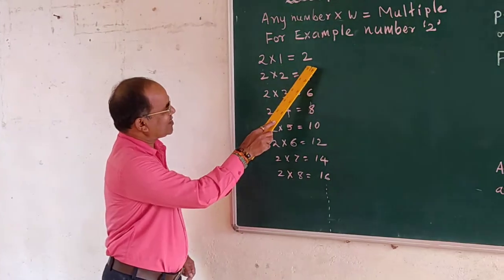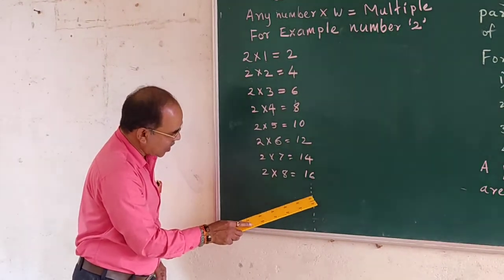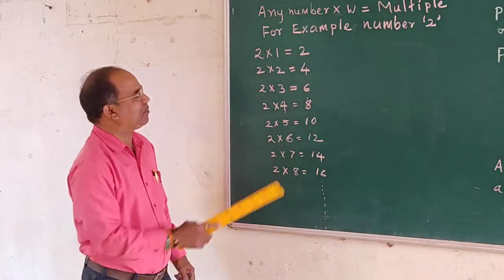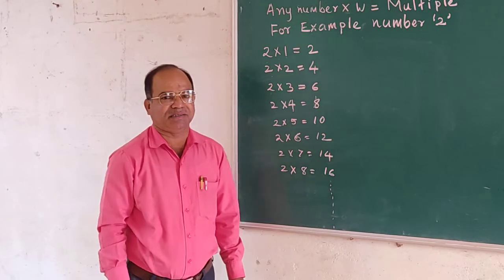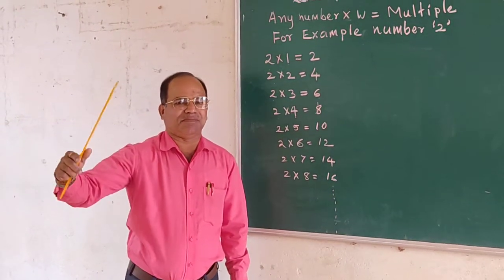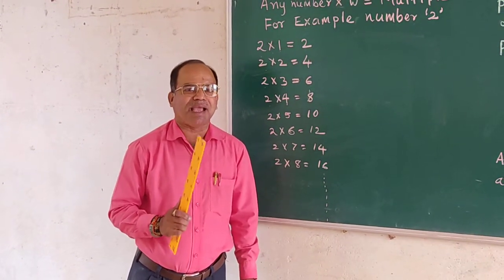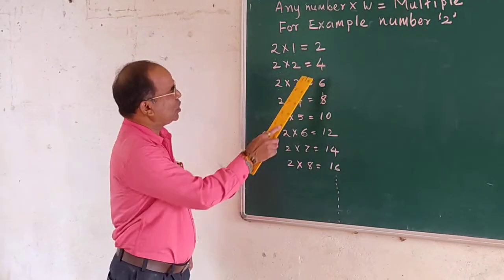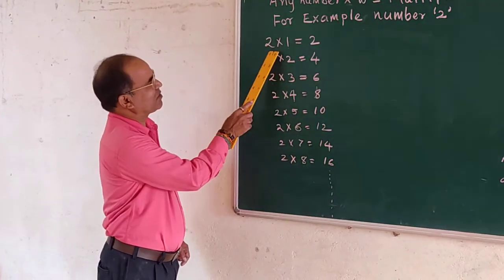Here you can see 2, 4, 6, 8, 10, 12, 14, 16, 18. All these are the multiples of 2. Multiples are infinite. They never end. Whatever we find, 2, 4, 6, all are multiples of 2.